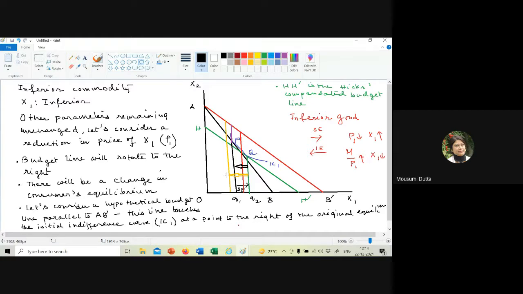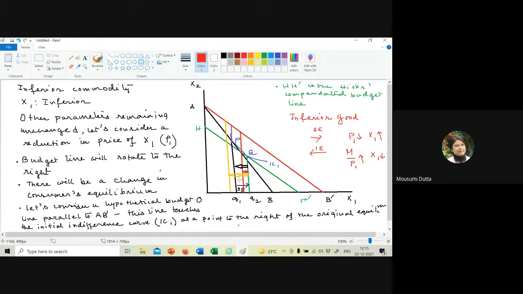Or the opposite income effect is greater than the substitution effect. These three possibilities we need to discuss in the context of inferior commodities.